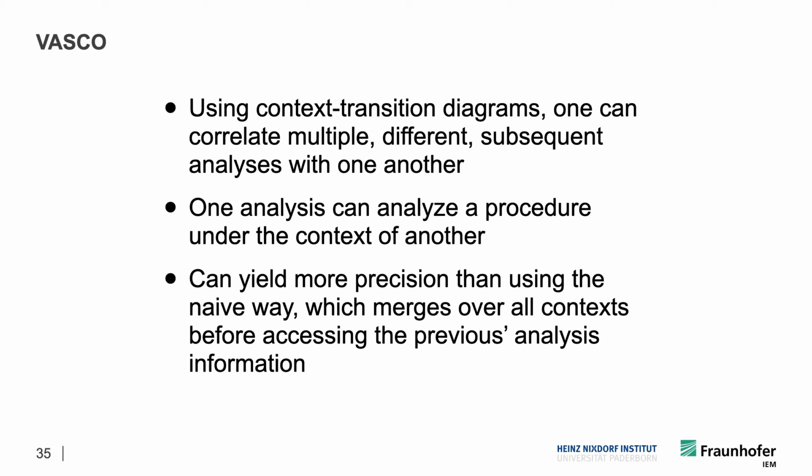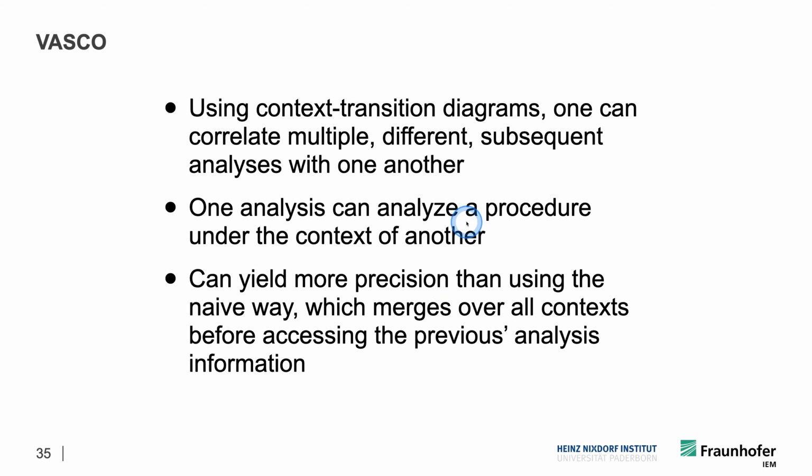So in VASCO, using context transition diagrams, one can correlate multiple different and subsequent analyses with one another. They need to be subsequent in the sense that, as you saw here, when I'm conducting the constant propagation for a certain procedure, then for that same procedure, I need to have pointer information already. So at the very least, for the same procedure, that needs to have been computed already.